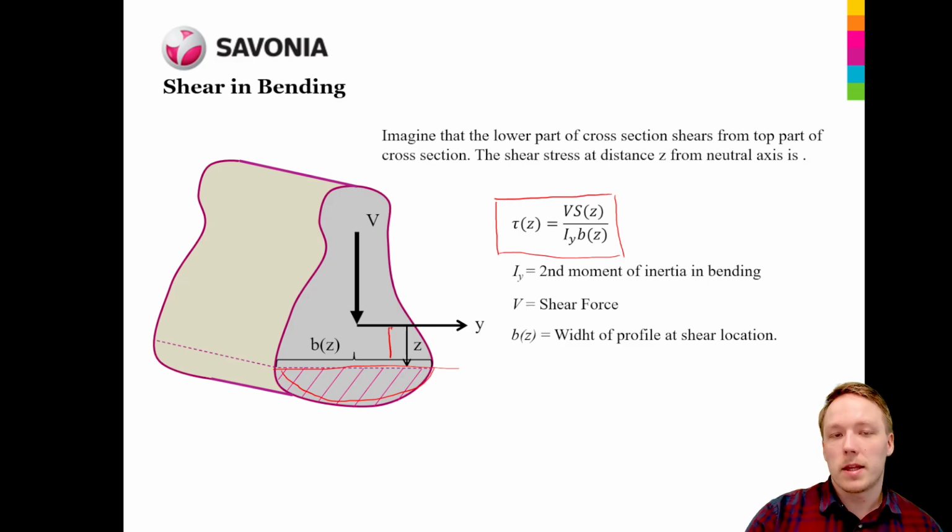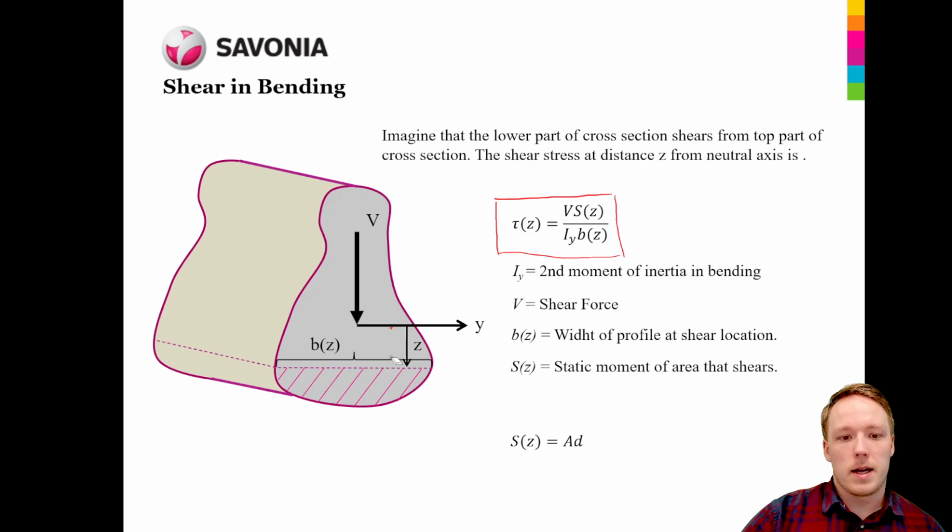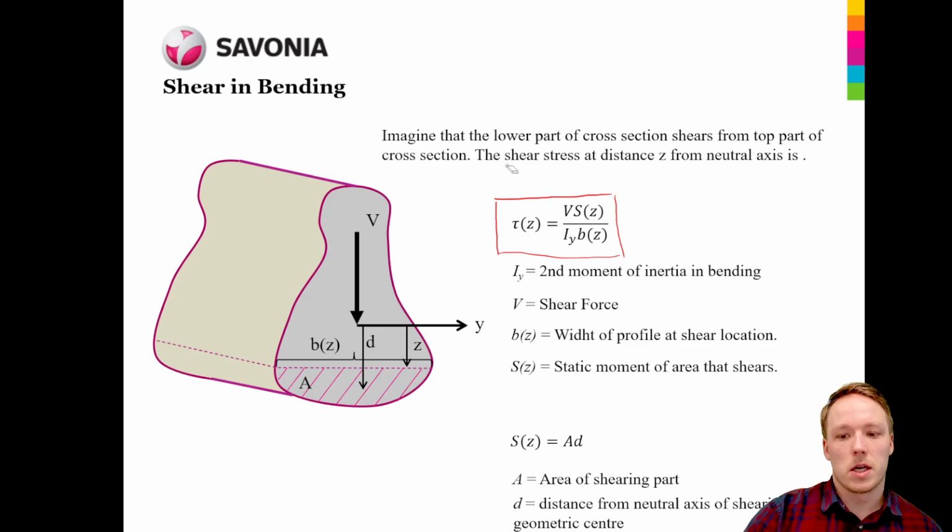Bz is the width of the profile at the location of shear, at the location where we want to calculate the shear stress. And then finally, the Sz is the area which is shearing off, multiplied by the distance from the neutral axis of the shearing area to the geometric center of the entire profile. Okay, so that is the definition.